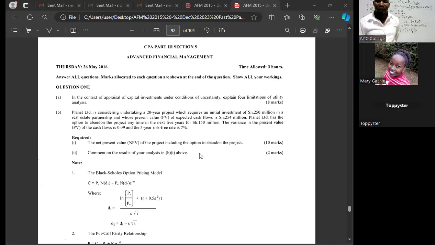So you've been told that the current price, which is the present value, is 250. Planet Limited has the option to abandon the project anytime in the next 5 years for 150. So which one is this? Wakati ya abandon at 150, which price is this?